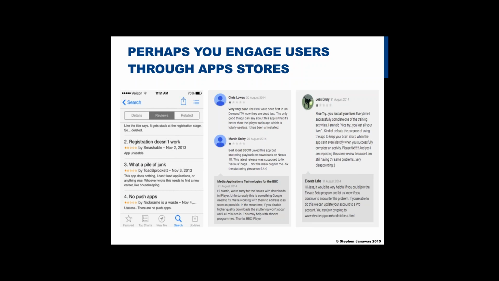So this is not bad reviews per se. What this is, is people looking at bad reviews, companies, and then companies responding. And the one on the right is great. So there's a problem. There's a really big issue. Would you like to join our beta program? So think as a tester. You might not actually be the person directly interacting in the app stores, but you want to understand what the app store rating of your application is.